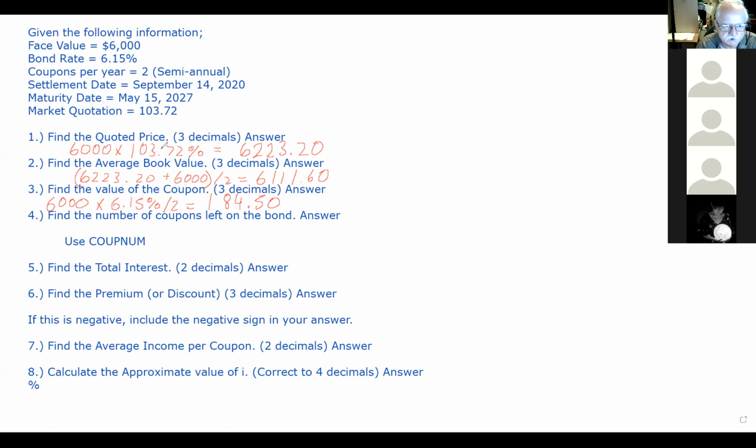And the maturity date is May 15, 2027. Okay, so let's stop sharing this. And I'll go find that file that we want.